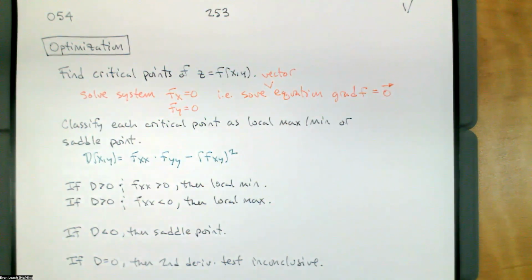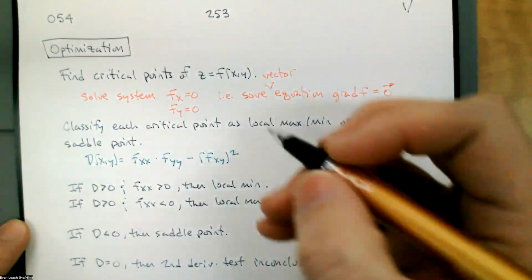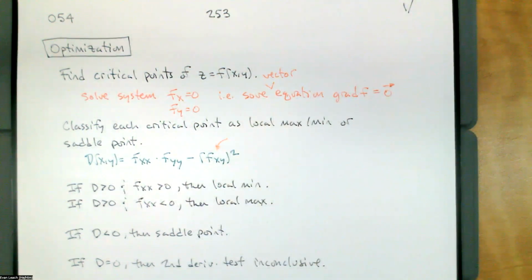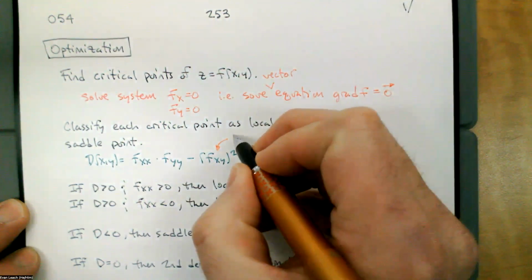A quick note, the mixed partials fxy and fyx are going to be equal. So this fxy squared is really fxy times fyx, but the mixed partials are equal.